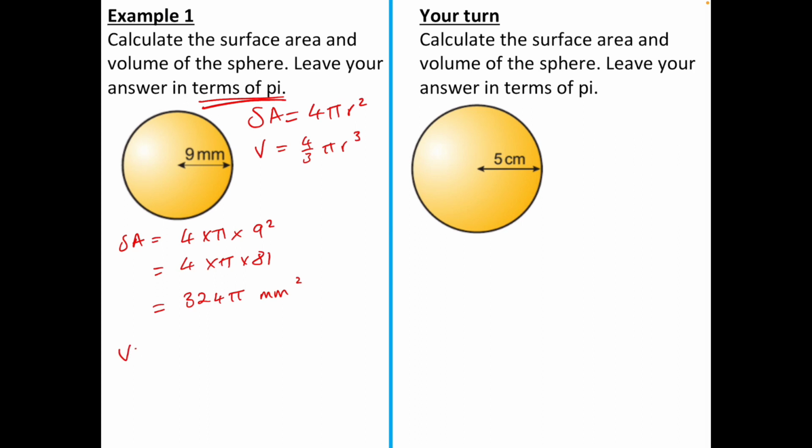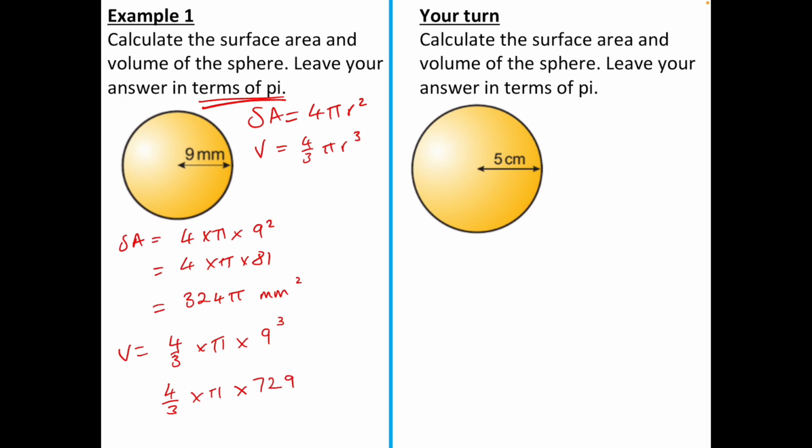For volume, we're going to have 4/3 multiplied by pi multiplied by 9 cubed. 9 cubed gives me 729, so it's 4/3 times pi times 729.